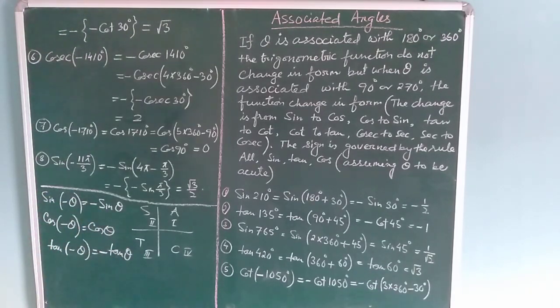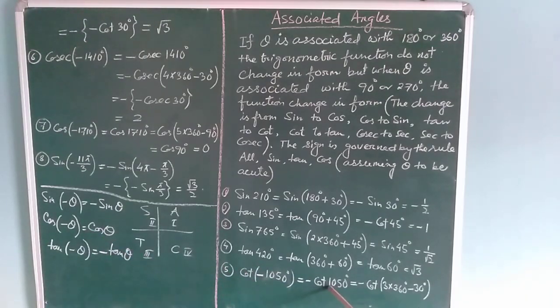This we discussed in our first class. So cot of minus theta is minus cot theta, so this is minus of cot 1050. Okay, this minus is from this rule.